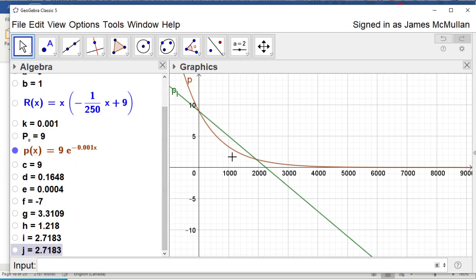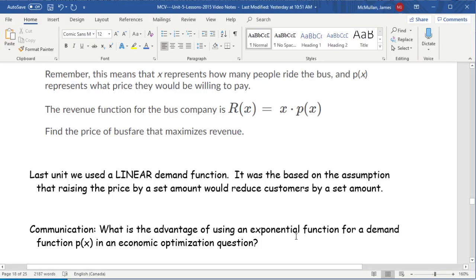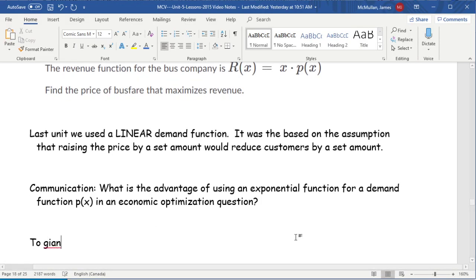So the idea is, instead of raising my price by 50 cents to get 100 new customers, every time I want to gain customers, I have to take off a percent of the price instead of a fixed amount, right? So here, to gain X customers, I have to reduce the price by Y percent instead of Y amount. And this often is a more realistic kind of view.